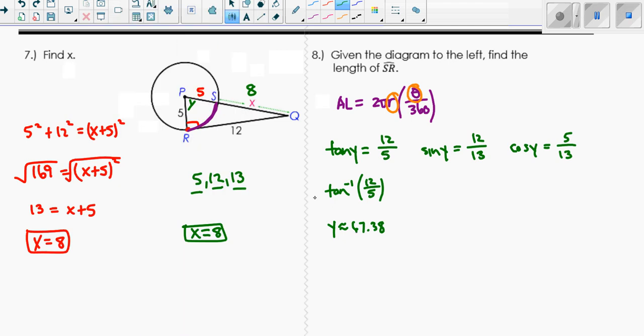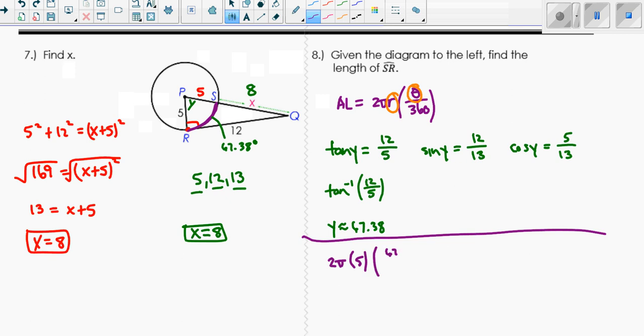Which means if that's 67.38, then this, since it's a central angle, is also 67.38 degrees. So I can come back to my formula now, and I can say 2 pi times my radius times 67.38 out of 360.